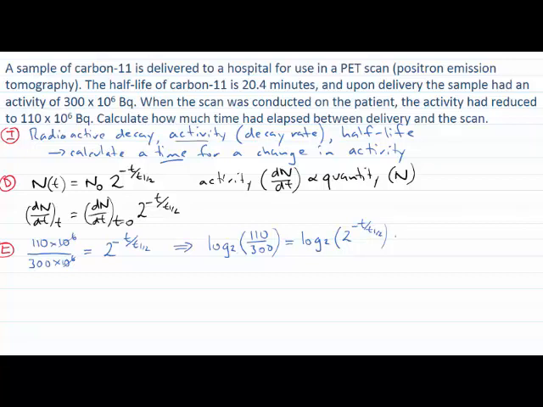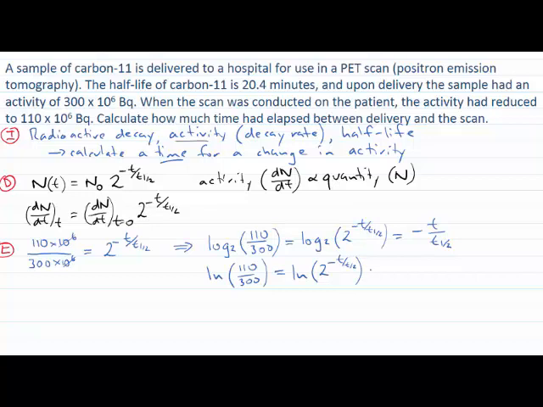Of course, the log base 2 of this right-hand side, the log is basically the inverse operation to taking a power, and so this would just be minus t over t half. So that would be a kind of nice way to do it, but more straightforwardly, rather than using a log base 2, we can actually use the log to any base, and a nice one that we can usually do is the natural log, or the log base e, of this 110 over 300, which must also equal the natural log of the other side of the equation, that is 2 to the minus t over t half.